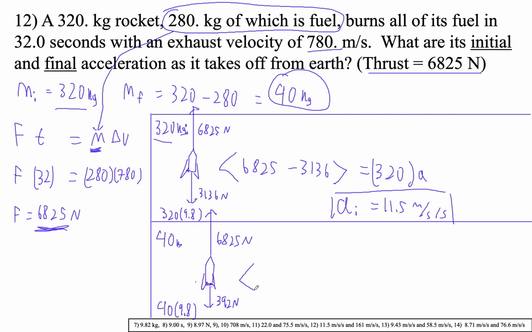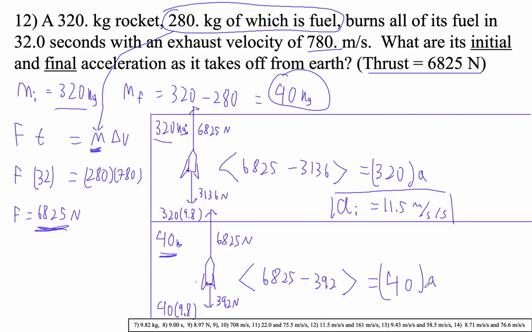So now we're set. Now we can go 6825 minus 392 equals the mass, which is 40, times a. Are we ready for this? 6825 minus 392.